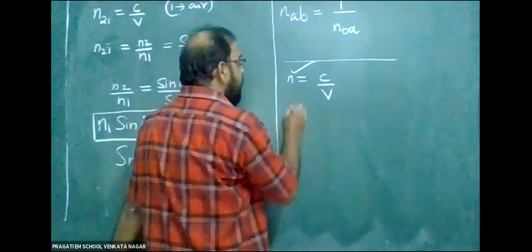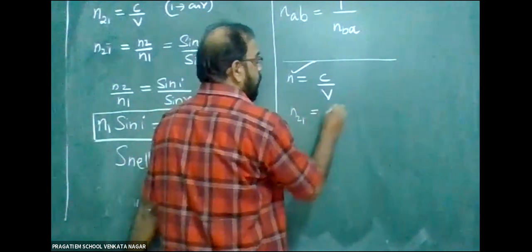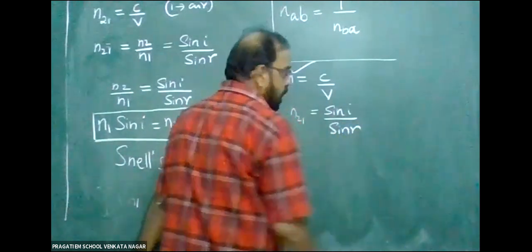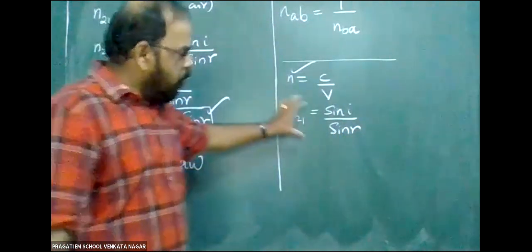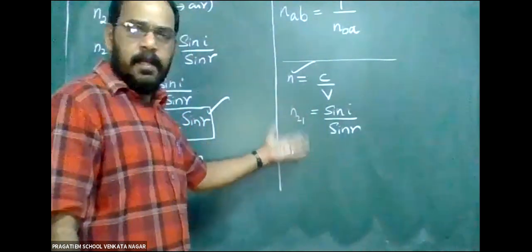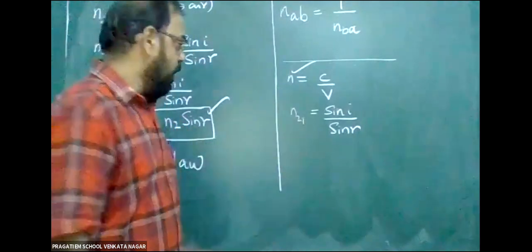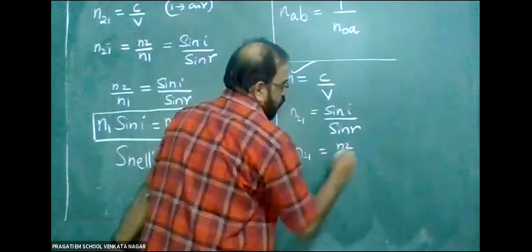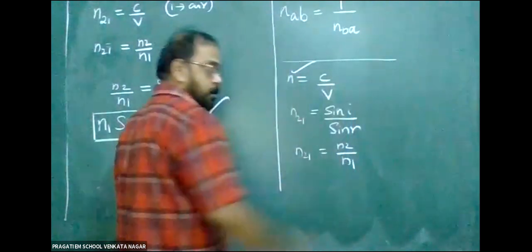Another one we studied, N21 is equal to sin I by sin R. This formula we can apply for any two media. And again we studied N21 is equal to N2 by N1.